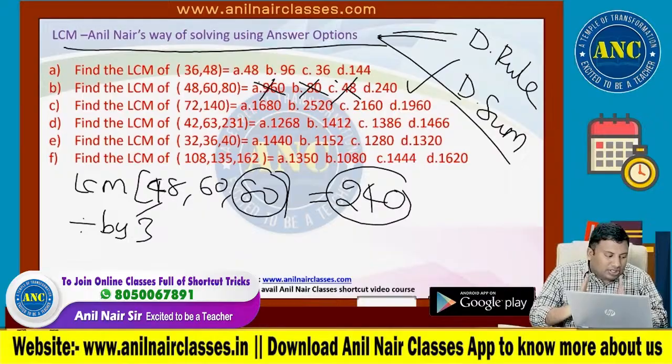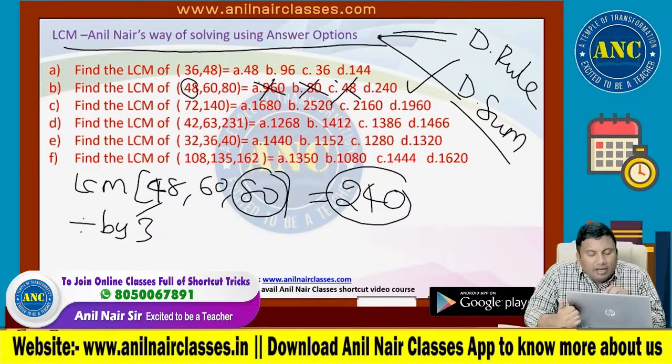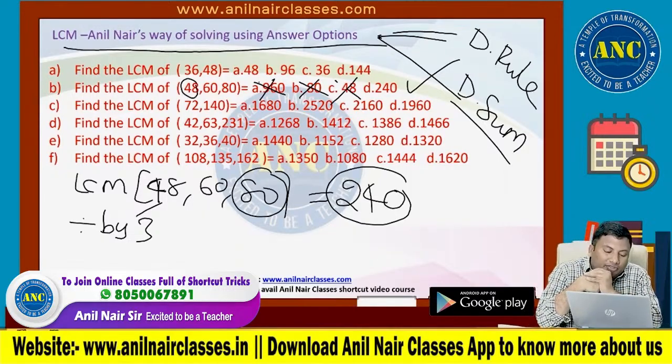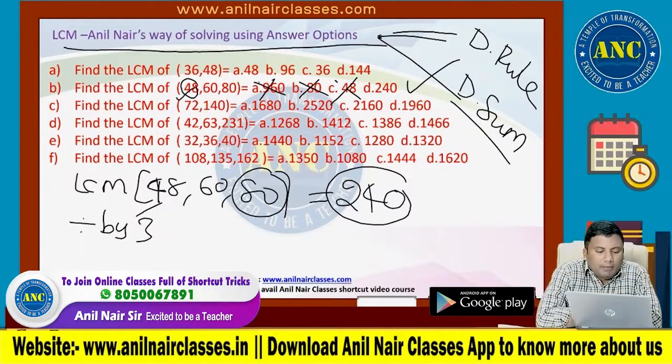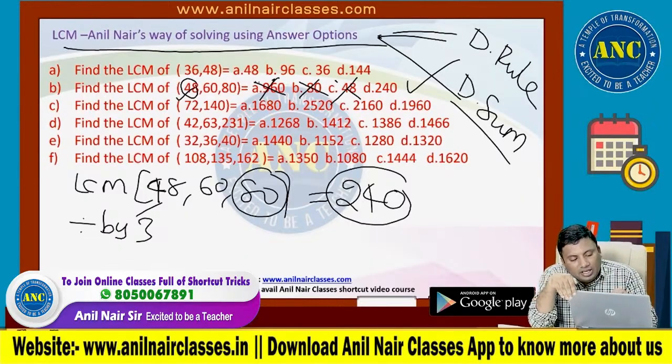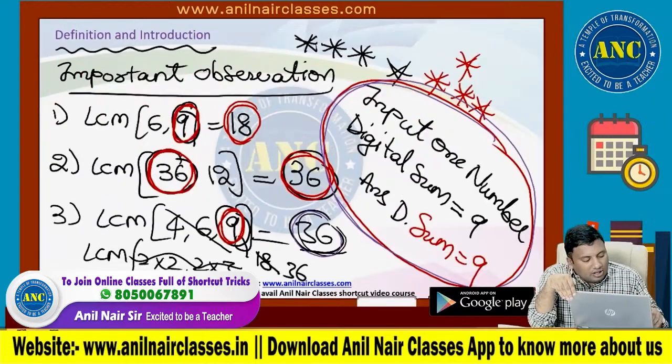48, 60 and 80. 48 is divisible by 3. Sir, why did you take divisible by 3? You can also take divisible by 4, but all the options are divisible by 4, so I have not taken it. 48 is divisible by 3, so the answer should also be divisible by 3. 960 is out. 80 is out. 48 is also out.